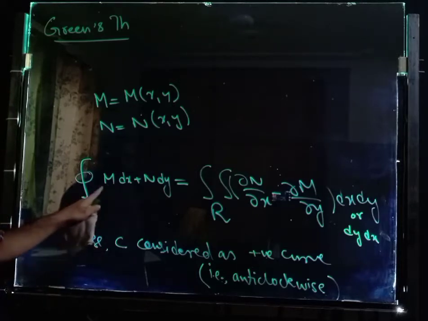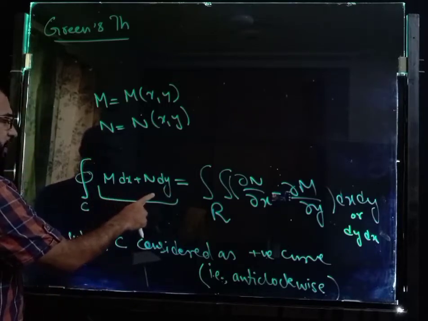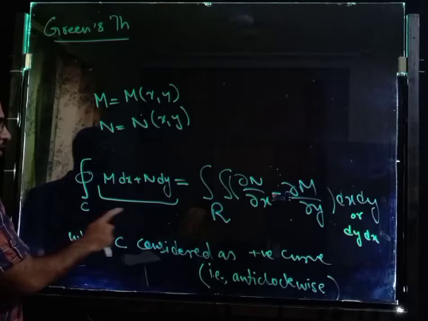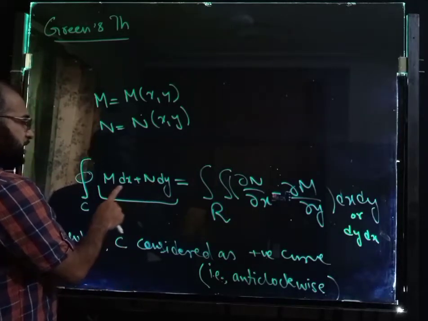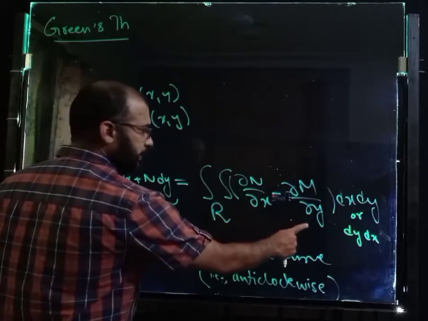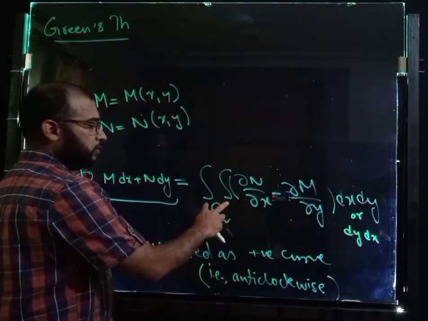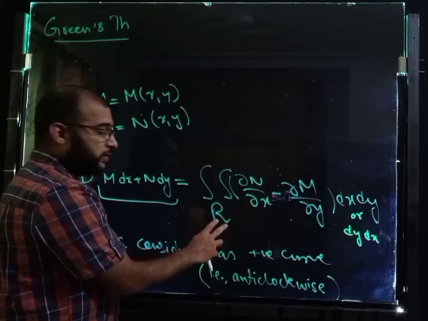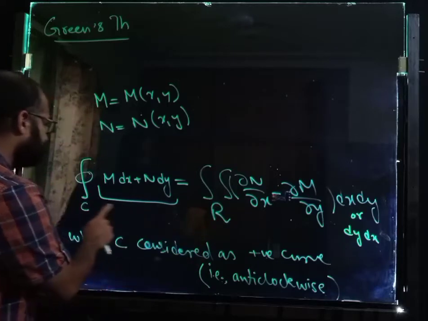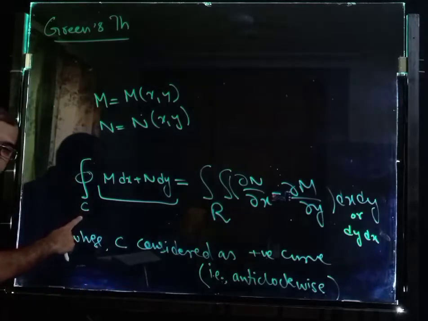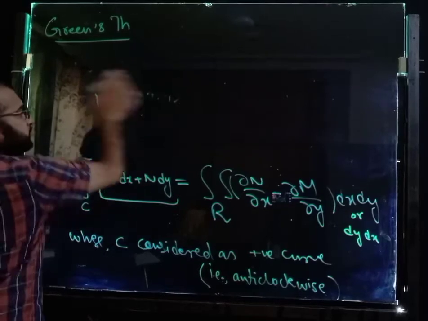Then we can integrate M dx plus N dy along the closed curve C, or taking the partial derivative of N with respect to x and M with respect to y, their subtraction is also integrable over the region R. So when we integrate over the region R, we have a double integration. It will be the same as when we integrate along the closed curve C. So now we do its examples.